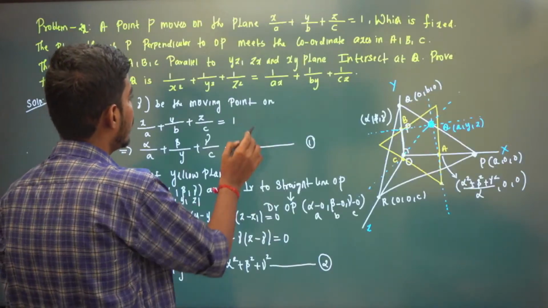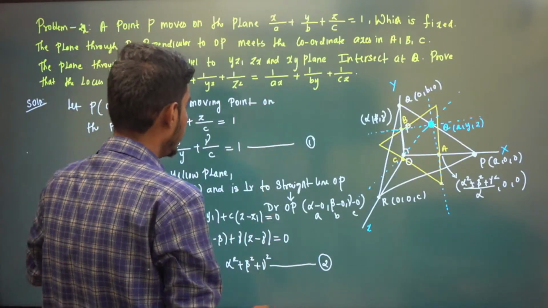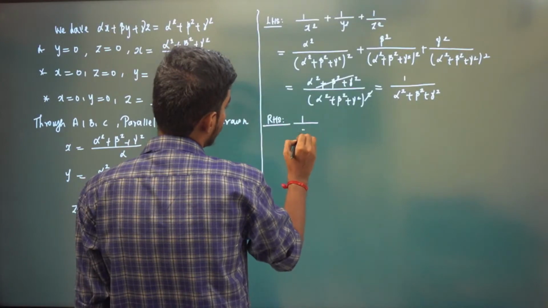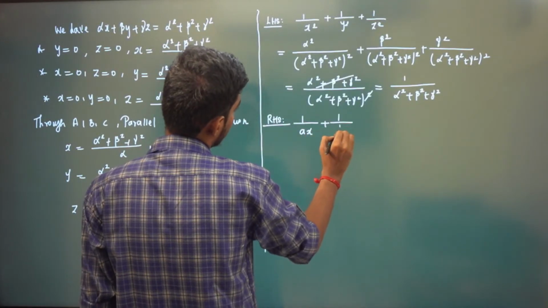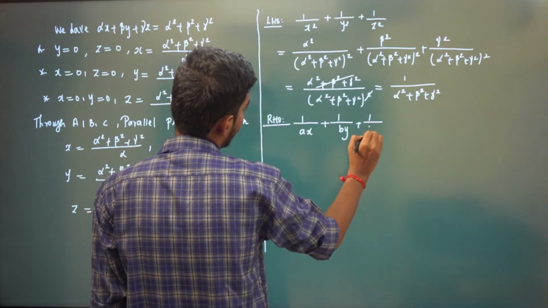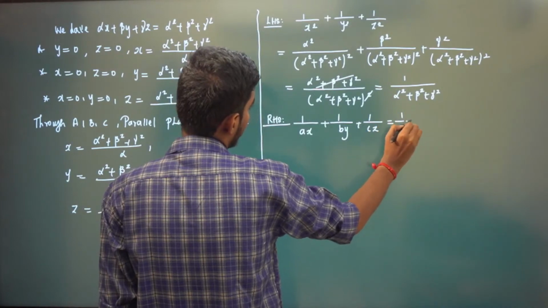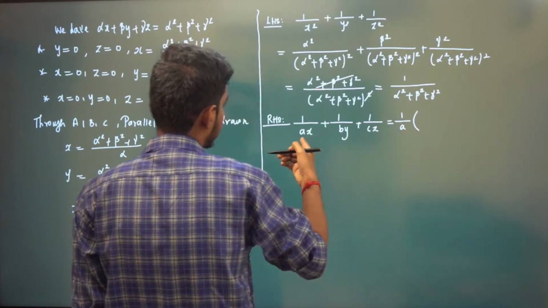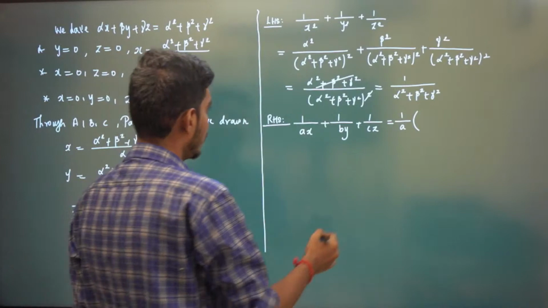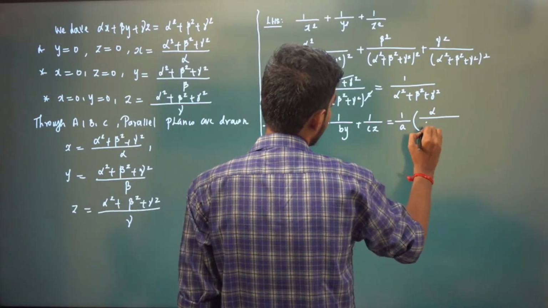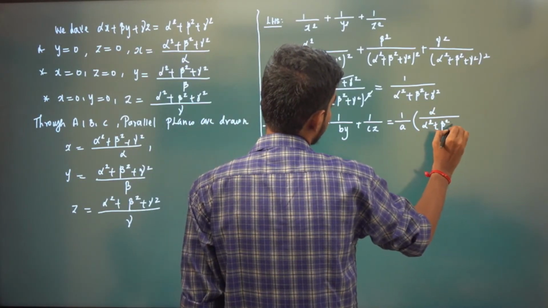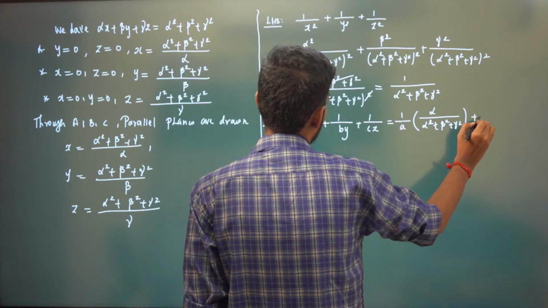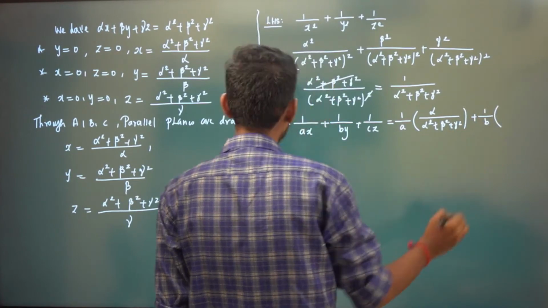Now, what is RHS? 1 by a into 1 by x plus 1 by b into 1 by y plus 1 by c into 1 by z. What is 1 by x? 1 by x is alpha divided by alpha square plus beta square plus gamma square, plus 1 by b into 1 by y.